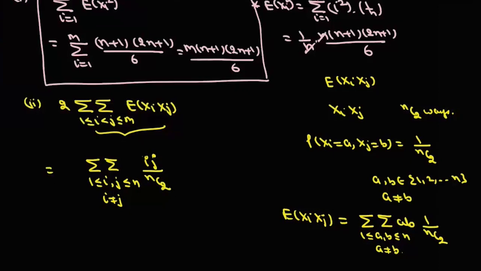And also, how many such pairs will be there for this combination from 1 to n? So for these m numbers, the total number of such combinations will be simply MC2. So we can simply write this as MC2 upon NC2 times the summation over i and j varying from 1 to n, where i is unequal to j, of i into j.